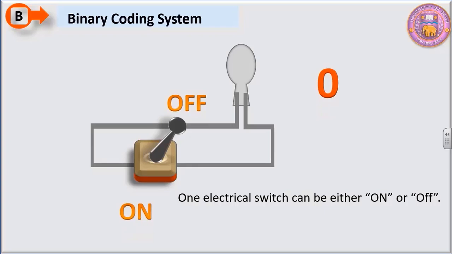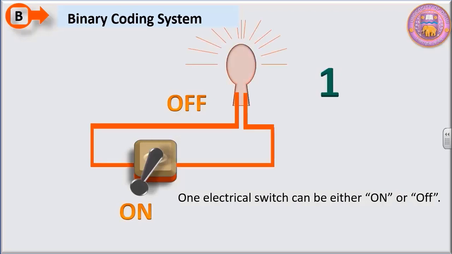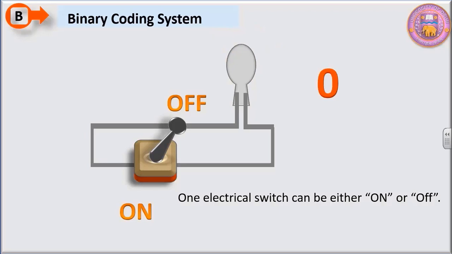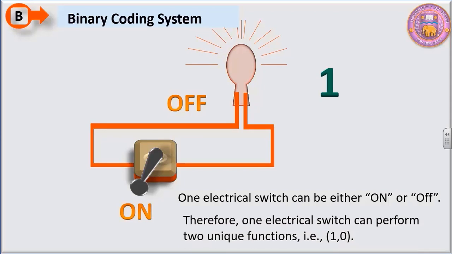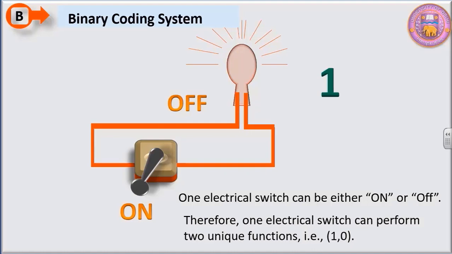Now see with the help of this diagram how it actually works. When electricity is off, it is 0, and when electricity is on, it is 1. See it once again. When the electricity is off, it is 0. The moment it is switched on, electricity is termed as 1, or we can say it is on. Therefore, one electrical switch can perform two unique functions, that is 1 or 0. 1 means on, 0 means off.